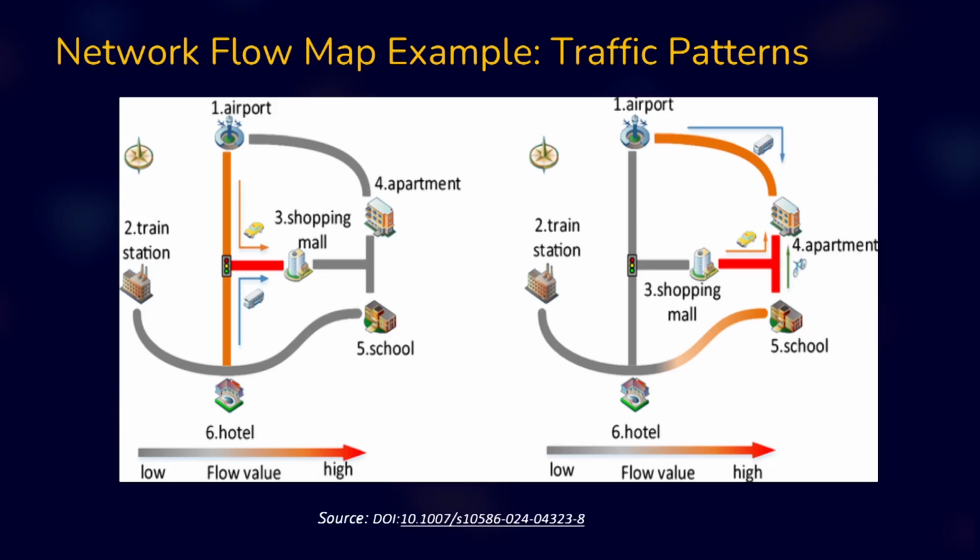So this is another network flow map example for traffic patterns. I have taken this from a research paper, and this is the DOI of it. Here we can see the traffic is color coded.